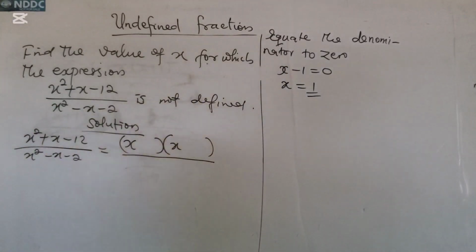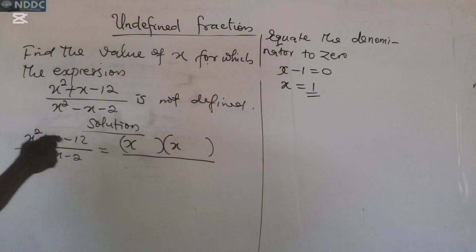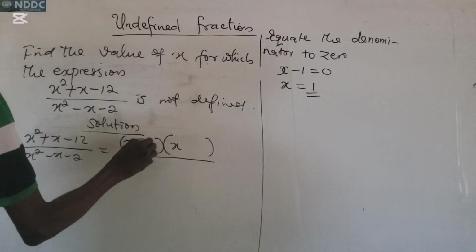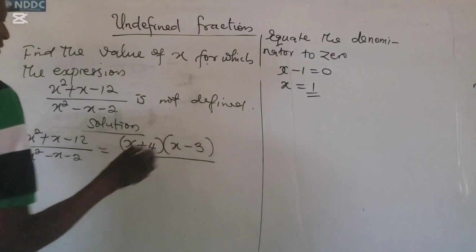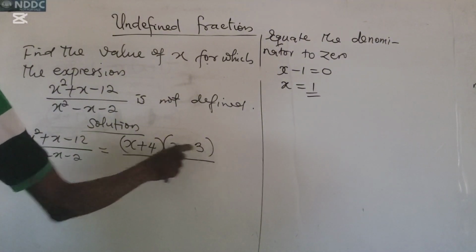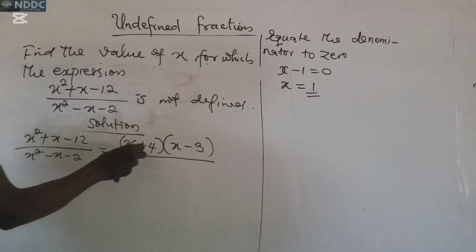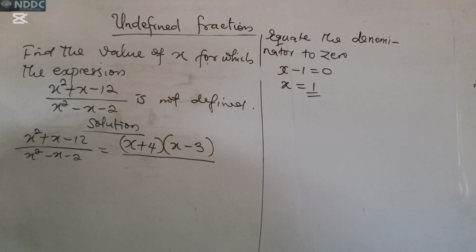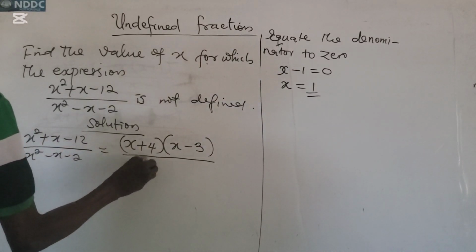Now, you look at two numbers that will multiply to give you minus 12, and when you add, they give you plus 1x. So it's plus 4 and minus 3. What is plus 4 times minus 3? It gives us minus 12. Plus 4 minus 3 gives us minus 1x.